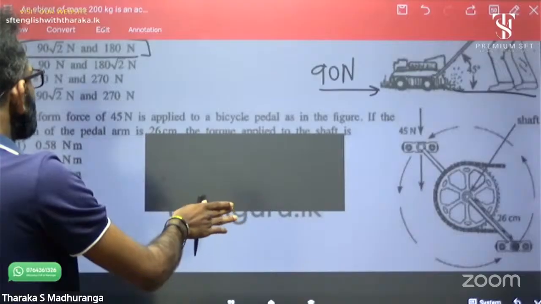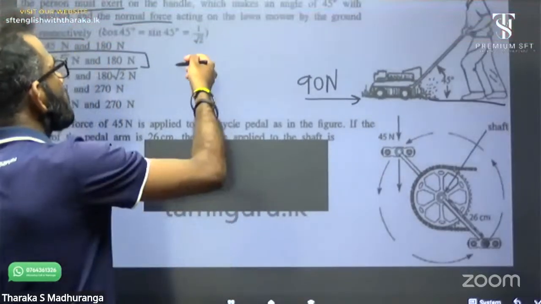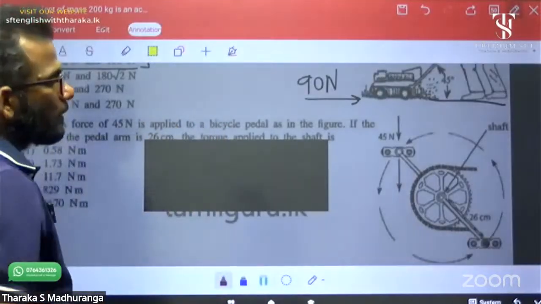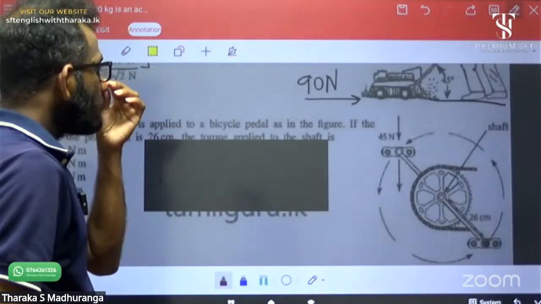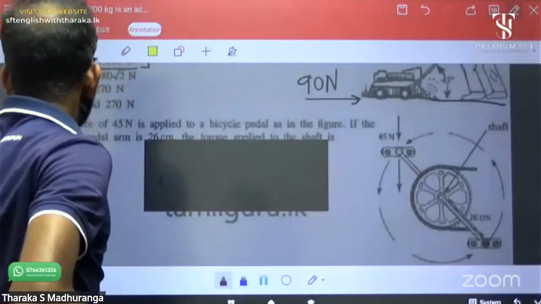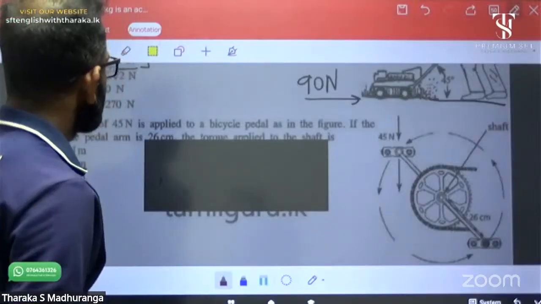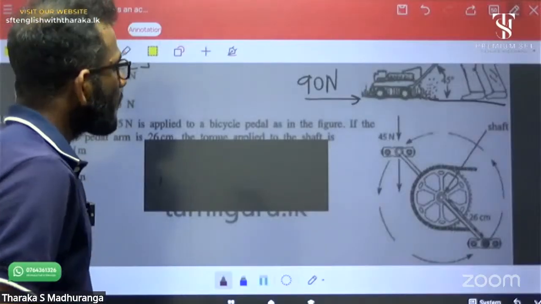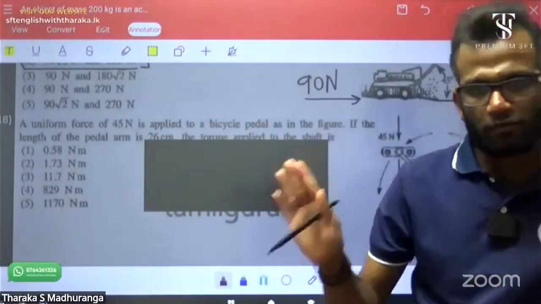A uniform force of 45 Newton is applied to a bicycle pedal as in the figure. If the length of the pedal is 26 centimeters, the torque applied on the shaft, I told you this torque equals the moment of force.